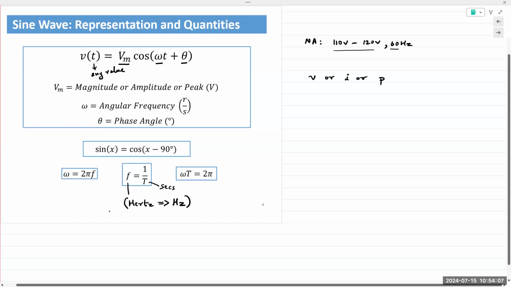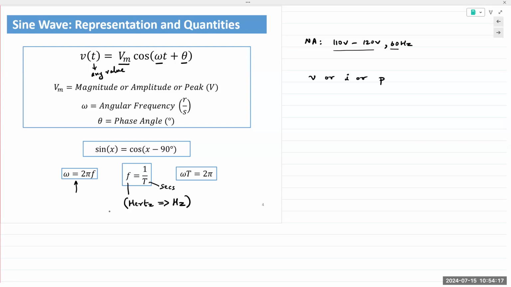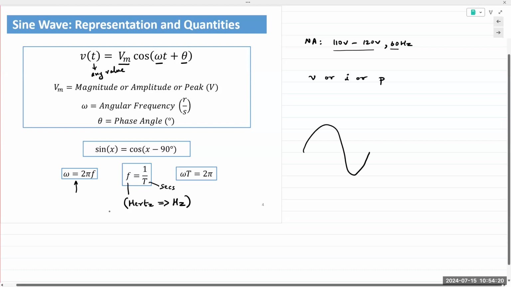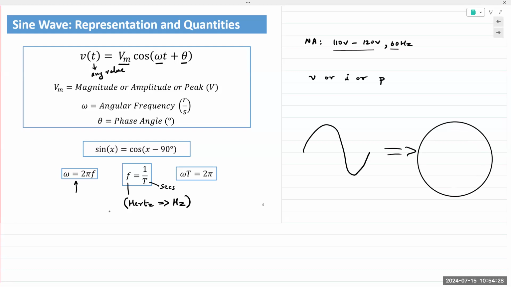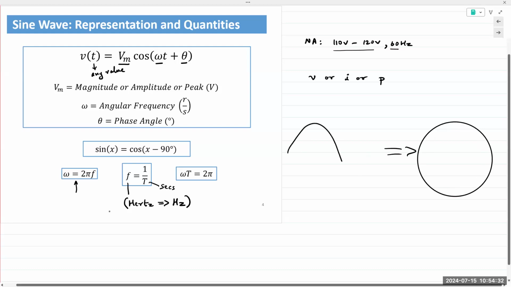And omega is the angular frequency or the angular velocity given by the equation 2 pi times f, because we will model this as a rotating vector, like a circle. We'll model the sinusoidal waveform as a rotating circle.